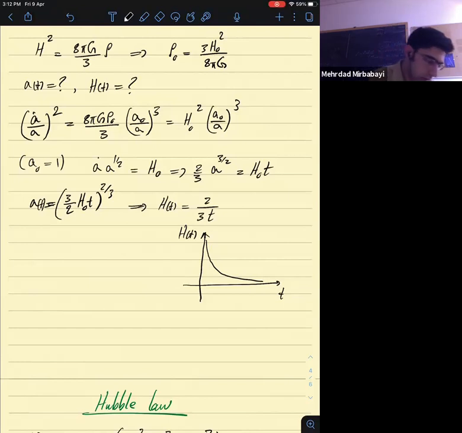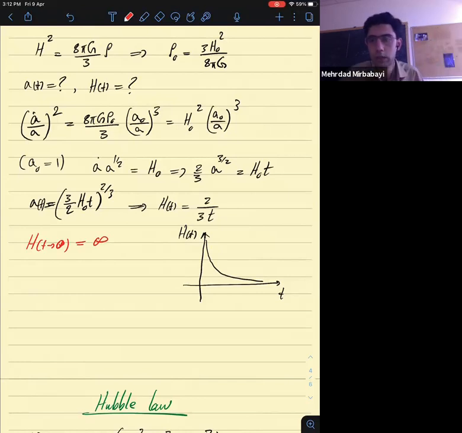So H going to infinity at t equal to 0 is a singularity.